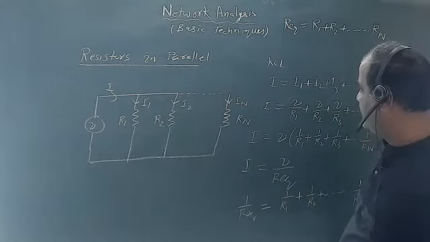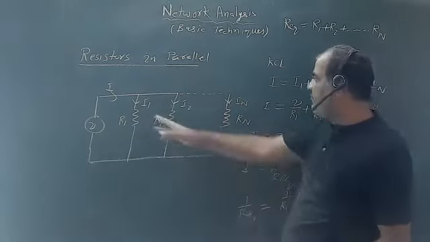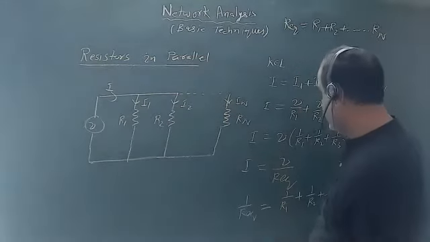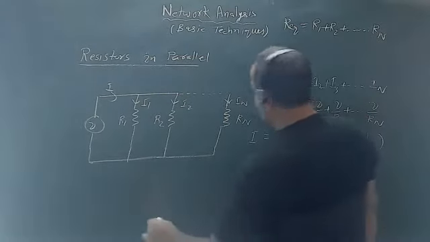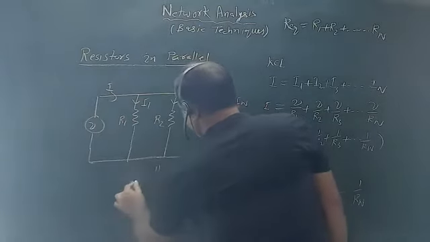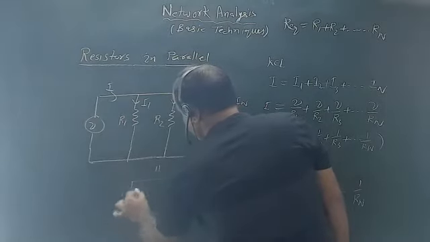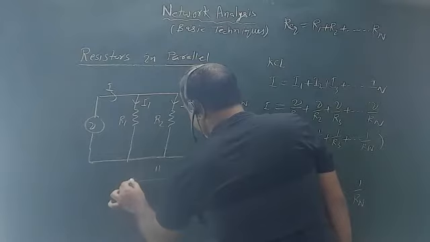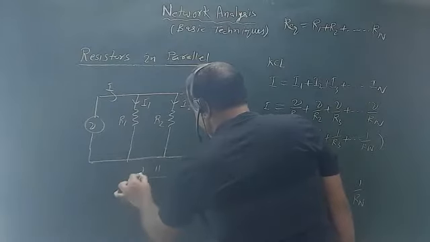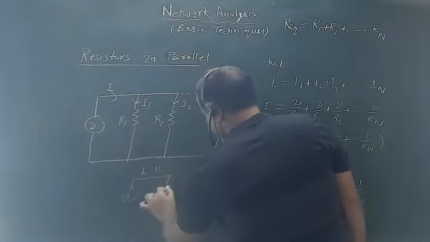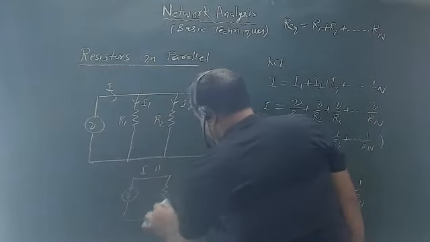Now what about the value of I1, I2? The equivalent circuit for this circuit will be one source V, which is providing current I, and in parallel there will be R equivalent.